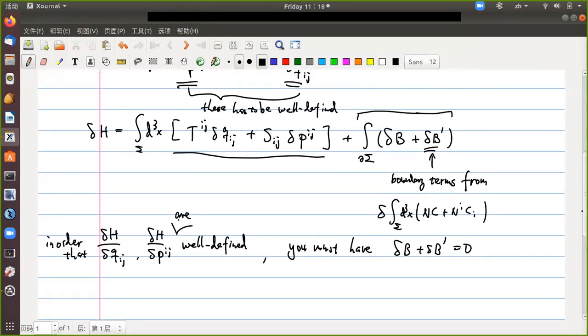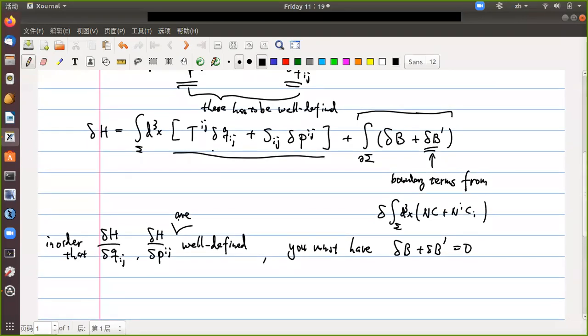You may wonder: if you compute the functional derivative of delta B with respect to delta q, maybe you still can compute it, but it will be a three-dimensional delta function integrated on the surface, right? And that's singular. So that's why the variational principle is not well defined.